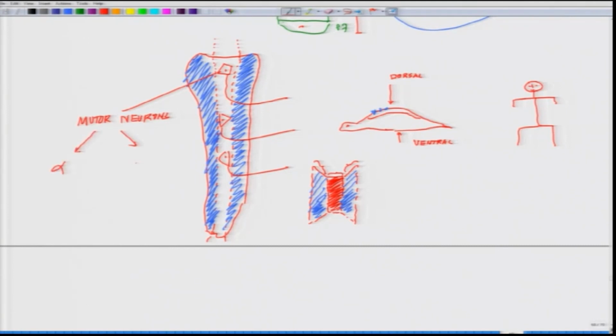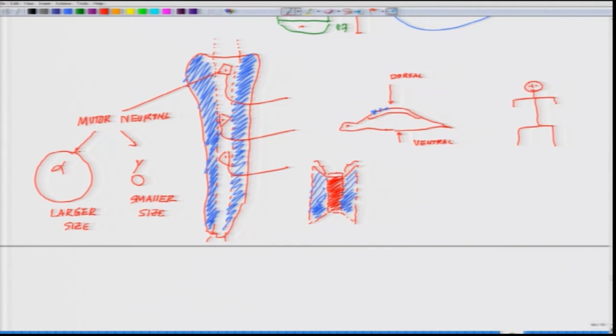There will be alpha or there will be gamma. The differentiation does not happen so early in the embryonic phase, but it happens in the adult. The alpha are the biggest ones, and the gamma are the smaller ones. These are smaller size, these are larger size.